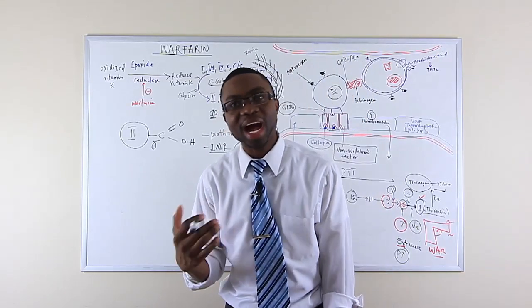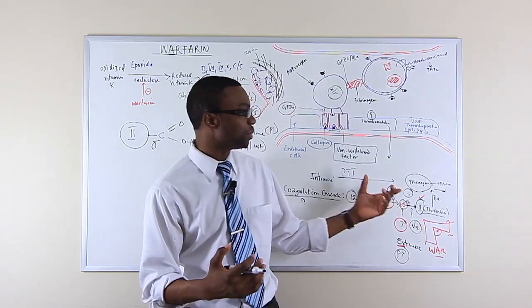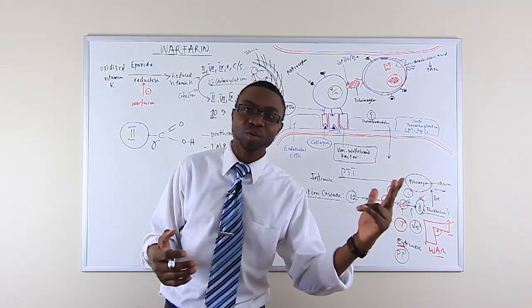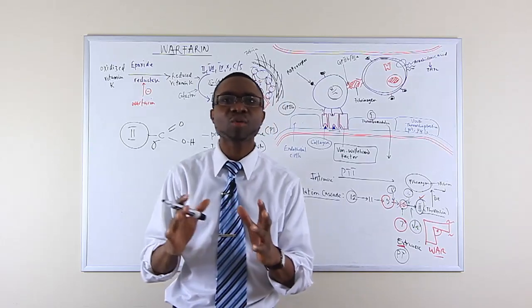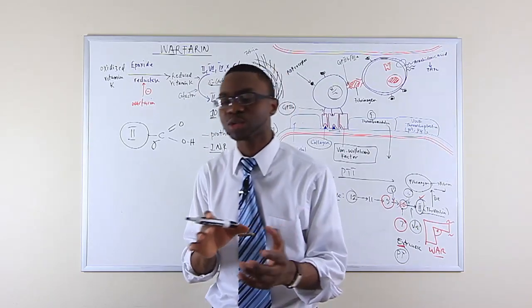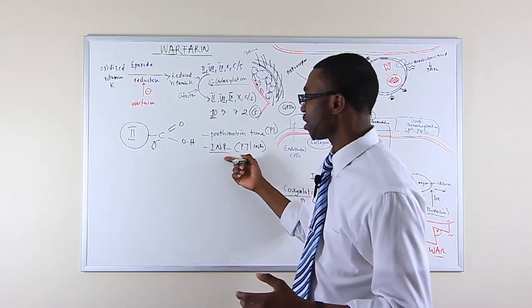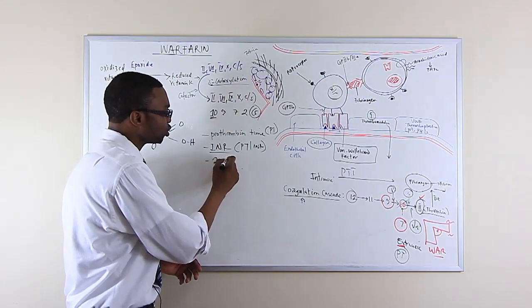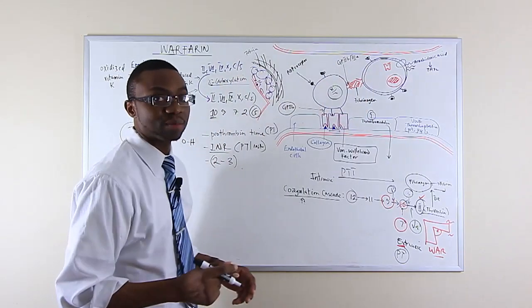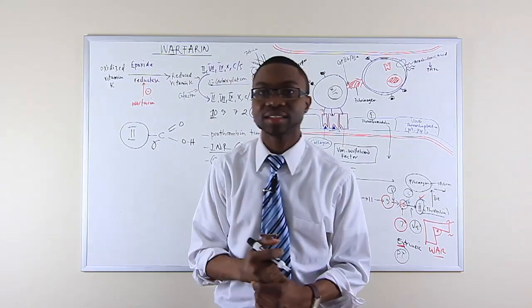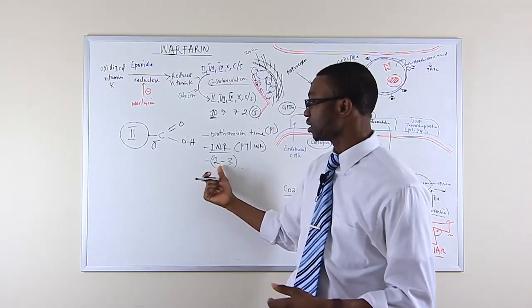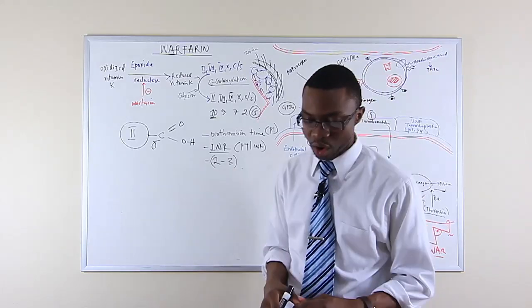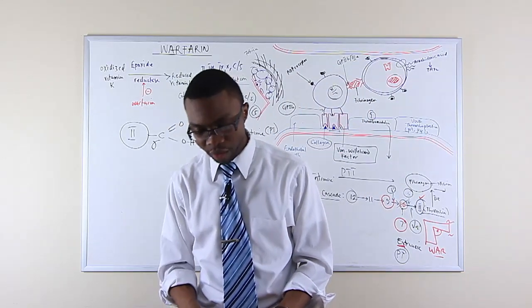The reason we came up with INR is because we had PTT, which is a 3-letter word, and wouldn't it be nice to have a 3-letter word for PT also, and that's where we had INR. Okay, now the INR for the patient has to be between 2 and 3 for them to be well anticoagulated. Okay, so that's the number you want to look for when the patient is well anticoagulated on warfarin.